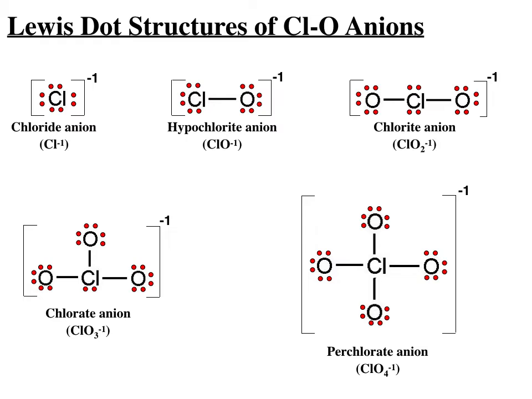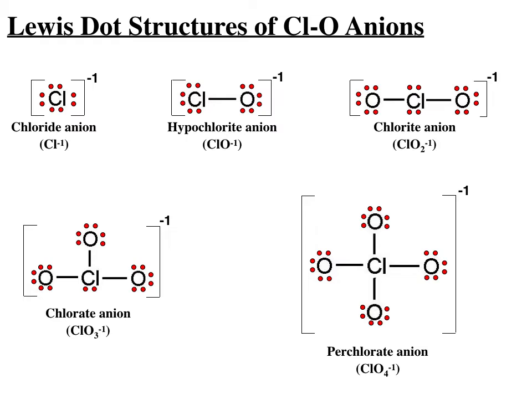Let's move to the chlorite anion, which of course is ClO2-1. Once again, I'm going to treat it like I have chloride in the center, a 7-valence-electron neutral chlorine gaining an electron to make a complete octet.